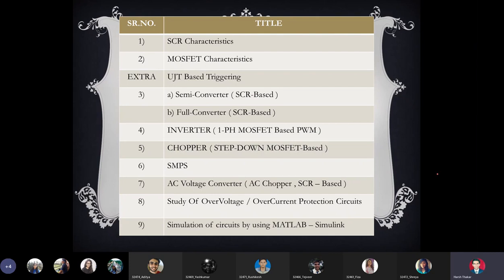Now this is the list of experiments. It's very clear here, so we don't need to explain much. The first two experiments belong to the category of device characteristics, which are 2 in number. This is an extra experiment here. The reason is that in the semi converter, full converter, as well as in the AC voltage controller, UJT based triggering is used.